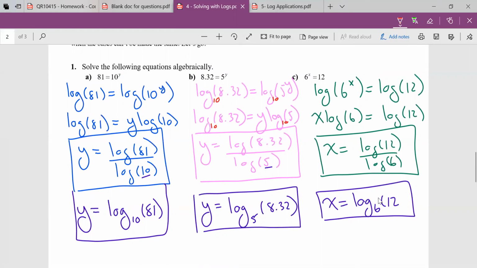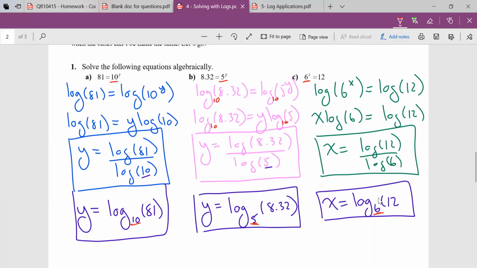In the original question on A, the base of the exponential was 10, and the base of our simplified logarithm is 10. Let's go to B. The base of our exponential here was 5. The base of our new logarithm is 5. C. The base is 6. The base is 6. All right, so interesting. The base of the exponential is the same as the base of the logarithm.